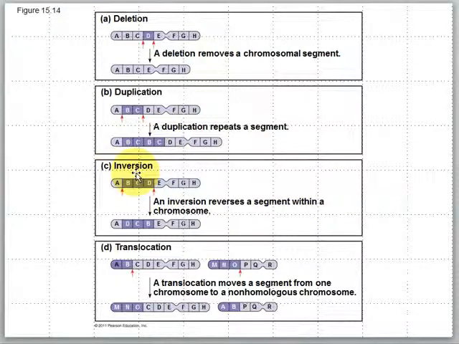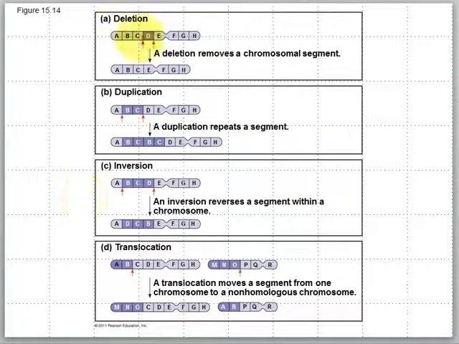Here you have inversion, where this portion somehow became removed and then reattached, but it was inverted or reversed. And then you have translocation, where a piece of one chromosome simply is removed or dislodged and goes and attaches to a completely separate, different chromosome. These are all the 4 possibilities.